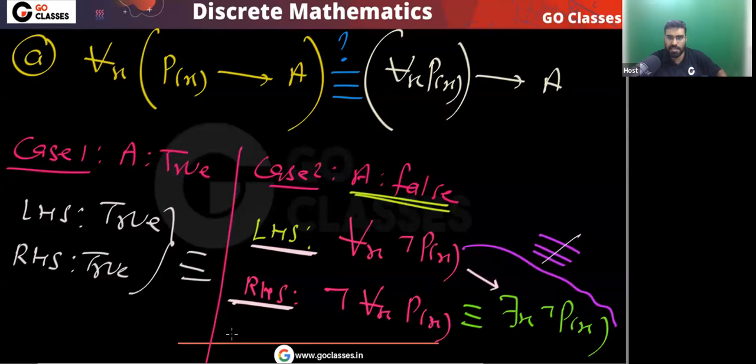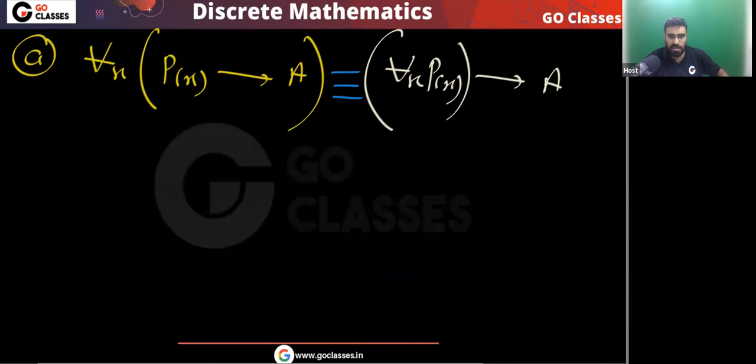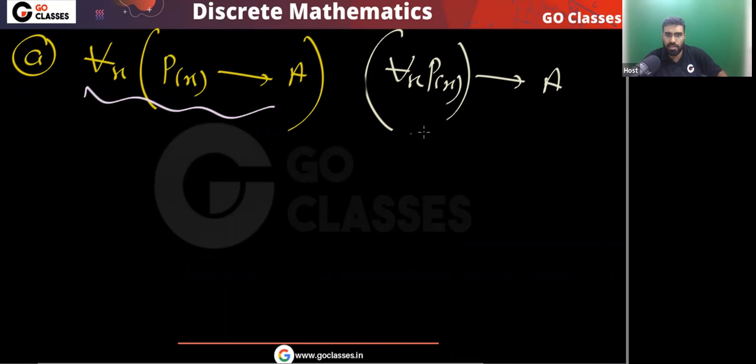So I can say LHS implies RHS. In this question, it has become interesting that LHS will imply RHS. This implication is correct, remember, but the reverse implication is wrong.